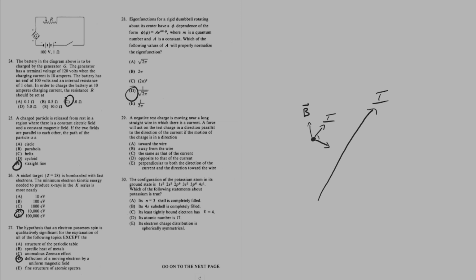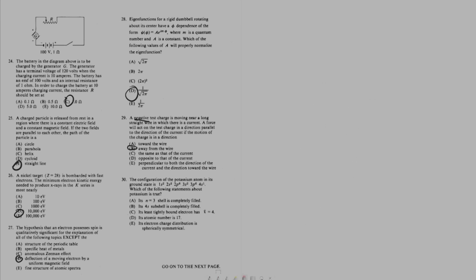The right-hand rule would tell us that it would be moving towards, but it is a negative charge, so it'll be the opposite, so it will move away. You can also use the left-hand rule for a negative charge, which is just the inverse: there'd be the current, the B field, and your particle movement. So that one is testing your knowledge of the right-hand rule.